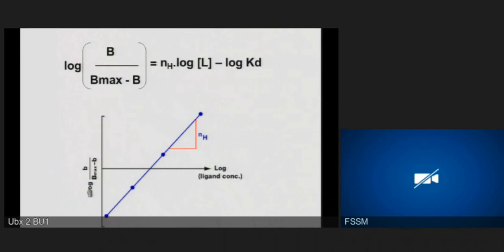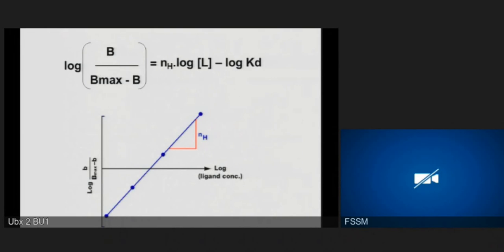So you have log of B on B max minus B times log of the concentration of L. Then you did the measurement at different concentrations, you report your calculation for this, and you obtain a slope. And the slope corresponds to the coefficient of Hill. Usually, you are happy when the coefficient of Hill equals 1.